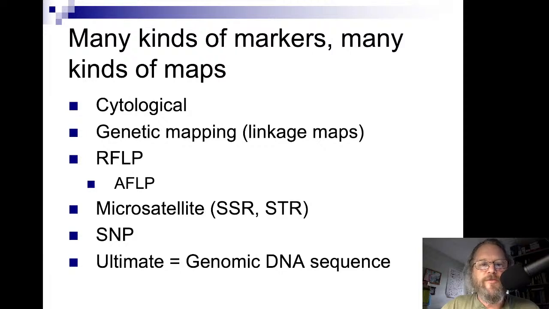Other kinds of maps then are cytological maps, and so we started off by talking about karyotypes, right, and using stains to reveal banding on the different chromosomes. Restriction fragment length polymorphism maps, those were first developed in the 80s and 90s, and these are based on the idea of using those endonucleases, correct?